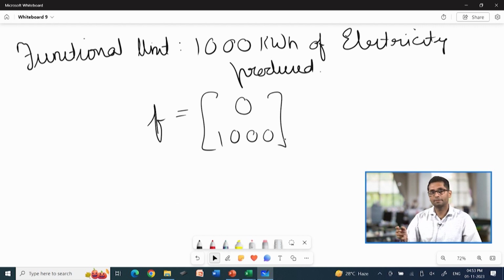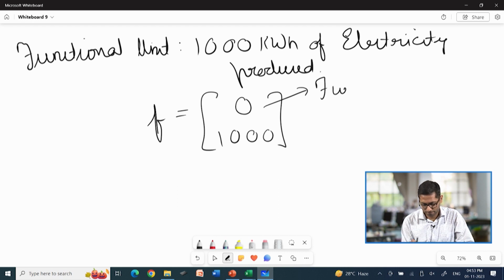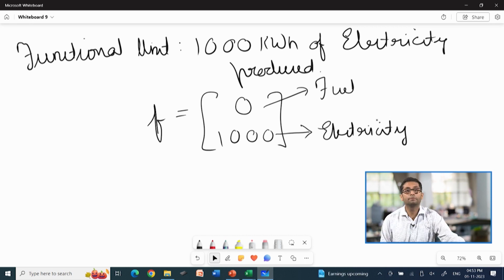It is just similar to the A matrix, in which the first row refers to the production of fuel and the second refers to the electricity. So, this first entry refers to fuel, and we are not concerned about how much fuel is produced; what we are concerned about is that 1000 units of electricity needs to be produced. So, in the matrix notation we would have 1000 kilowatt hour of electricity, that is what my output should be.